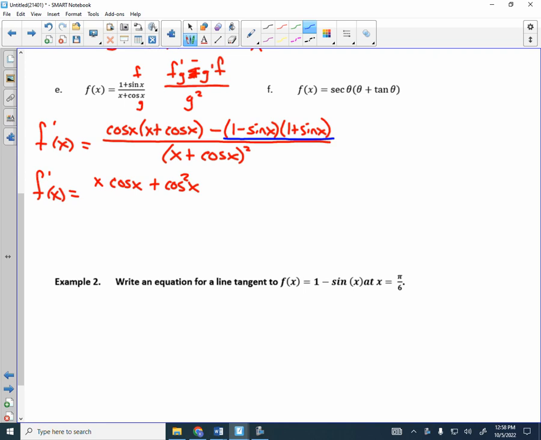What is 1 minus sine times 1 plus sine? 1 minus sine squared, correct? So when we distribute the negative, what's going to happen? We get a minus 1 and we get a plus sine squared. Sorry about that.